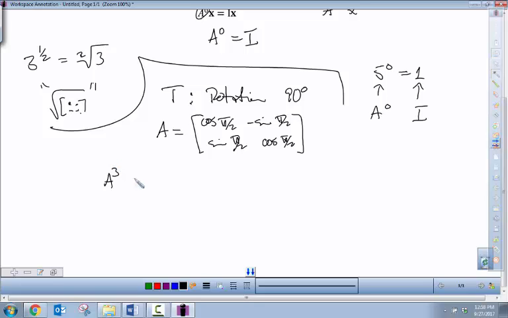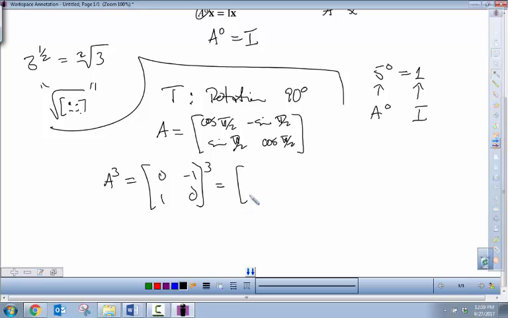So if we were to multiply this 3 times, is this easy? What's cosine pi over 2? 0. Sine pi over 2 is 1, right? So this is 0, negative 1, 1, 0. So what we want to do is imagine multiplying this out 3 times. And so that's what we'll do.